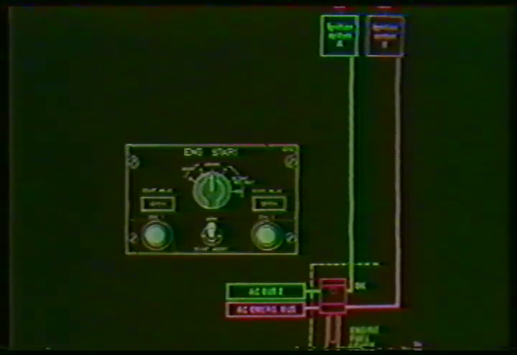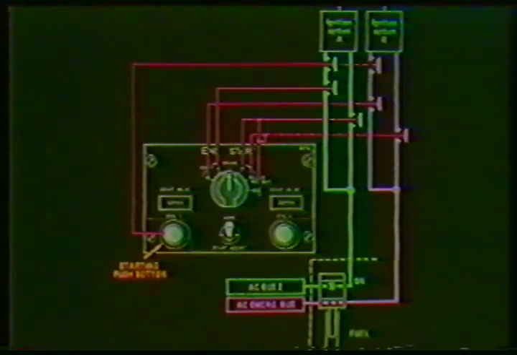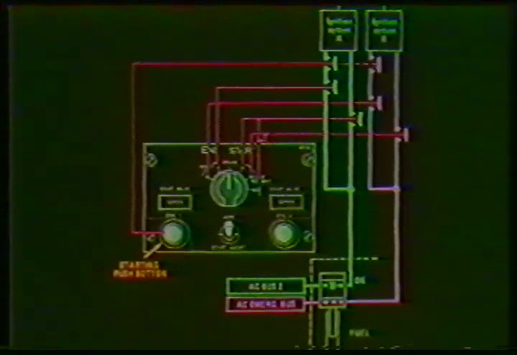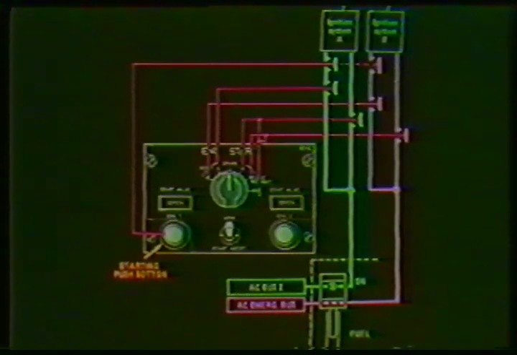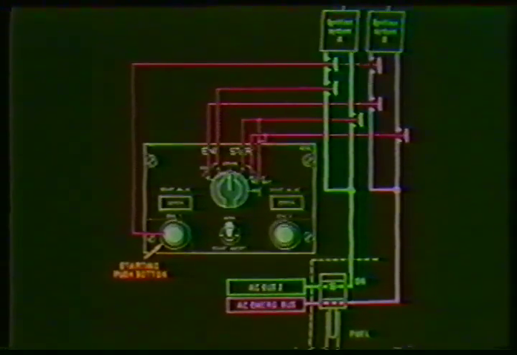Ignition is not electrically supplied during smoke drills. This schematic shows you how the ignition rotary selector works in the start or continuous relight position. When the rotary selector is positioned to crank, ignition is terminated. Engine number 1 and engine number 2 push buttons are used to engage the starter.